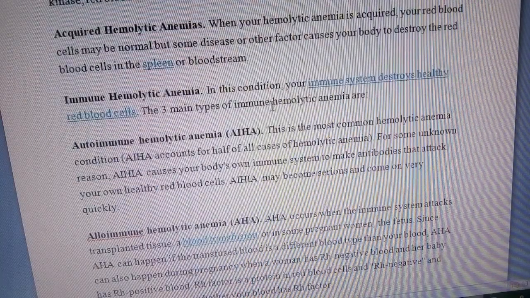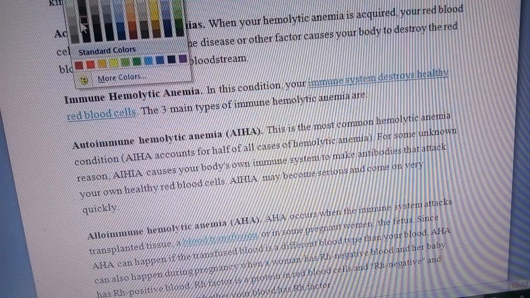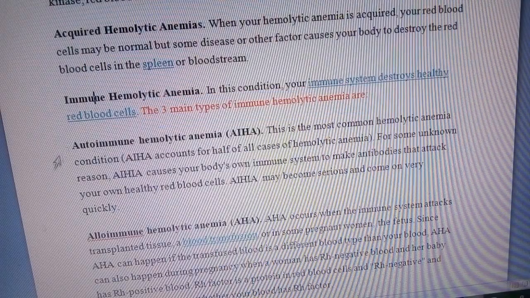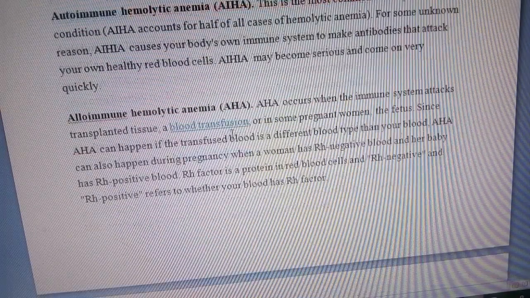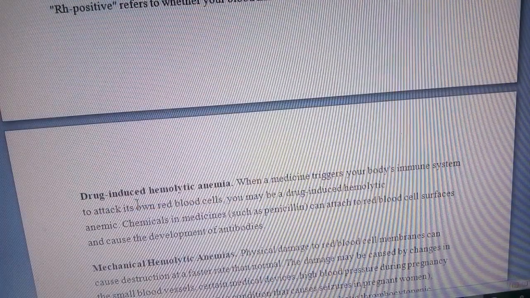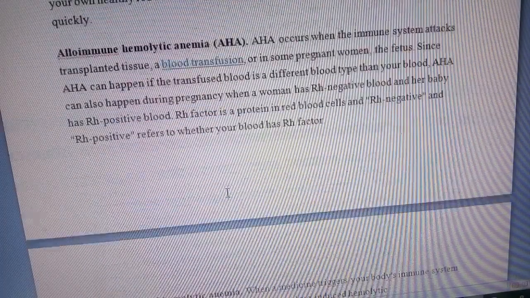The three main types of immune hemolytic anemia are autoimmune hemolytic anemia, alloimmune hemolytic anemia, and drug-induced hemolytic anemia.